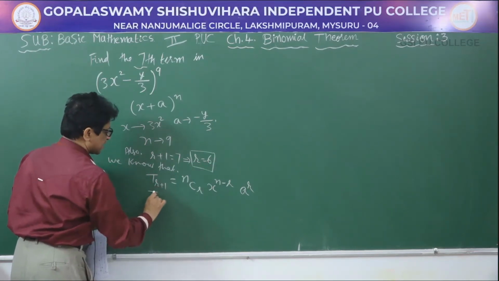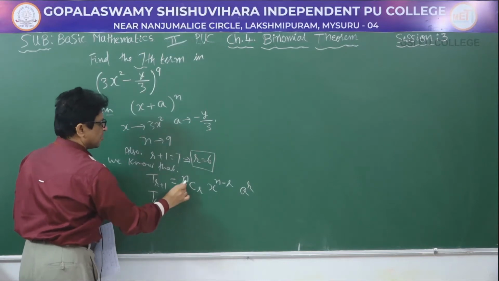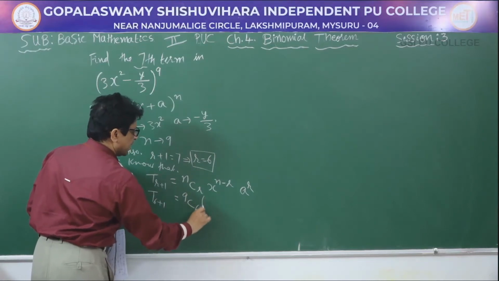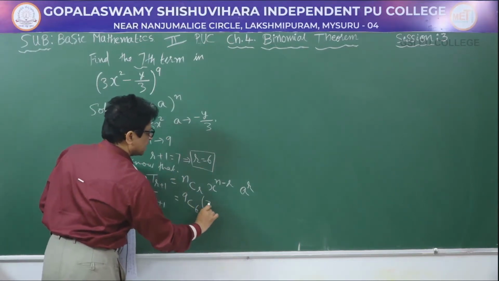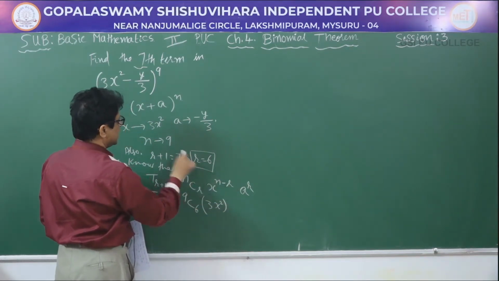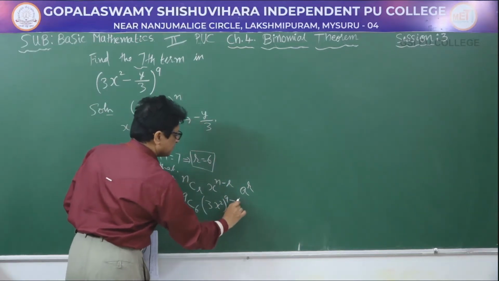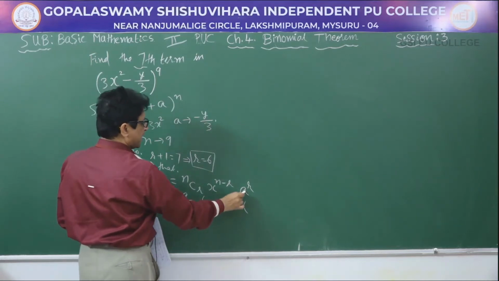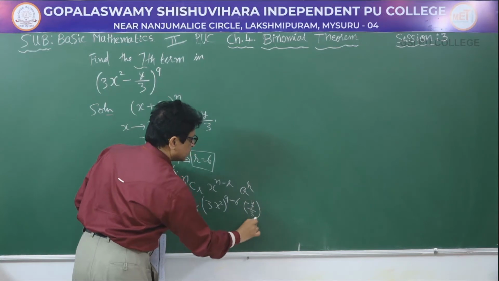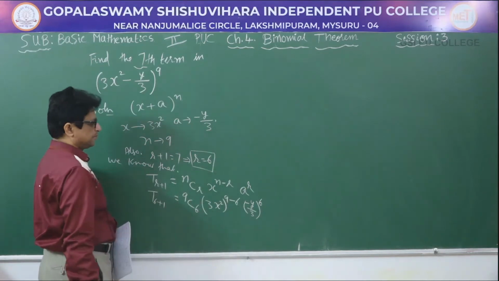So, r is 6. So, T 6 plus 1 is equal to nCr, n is 9, C 6 into x, x is nothing but 3x square whole power n minus r, n is 9 minus r, r is 6, into a power r, a is minus y by 3, r is 6.